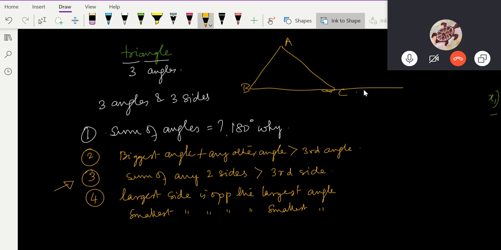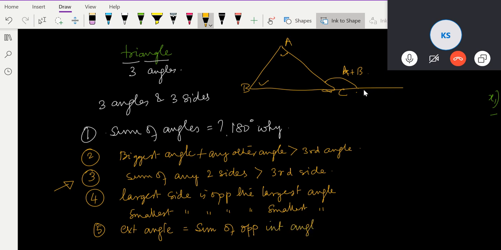If we extend BC, the angle that is formed outside will be equal to A plus B, and that will be supplementary. Correct. The exterior angle is equal to the sum of the opposite interior angles, right?